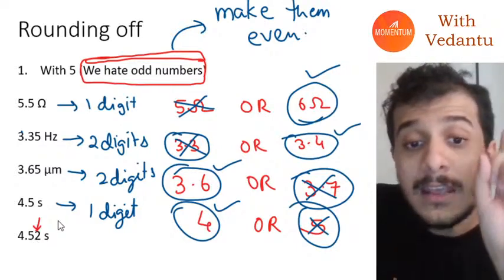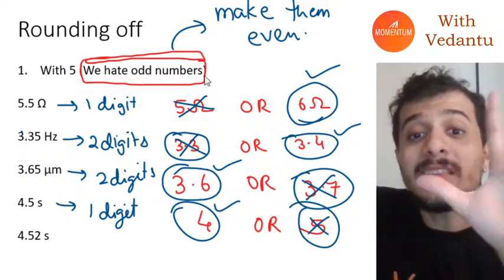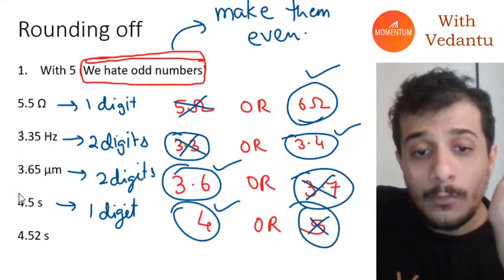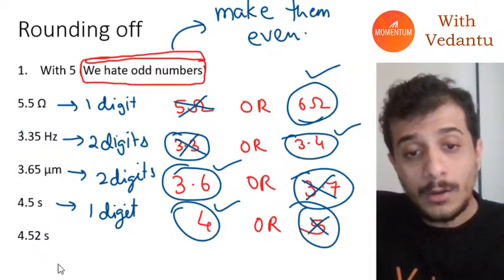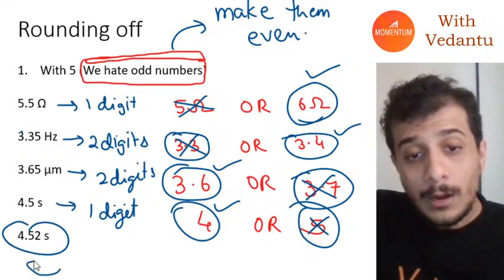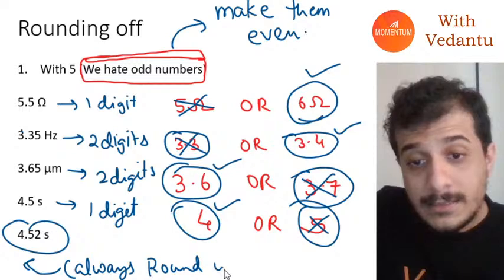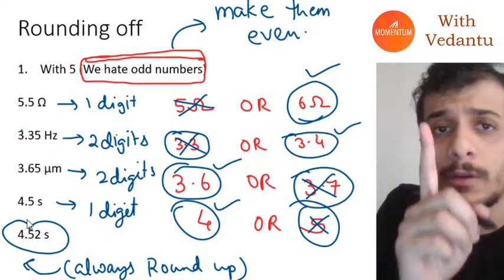If there is anything else after 5, then in that case, guys, we stop caring about odd and even. For such cases, we always round up. If 5 is the last digit, then you look at odd and even.